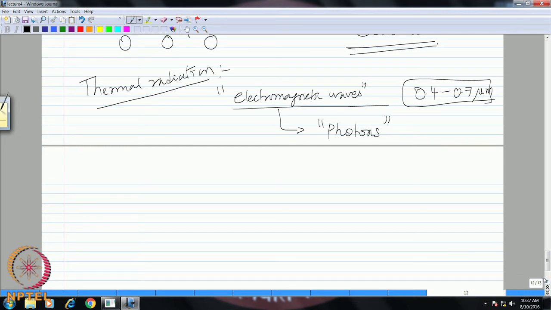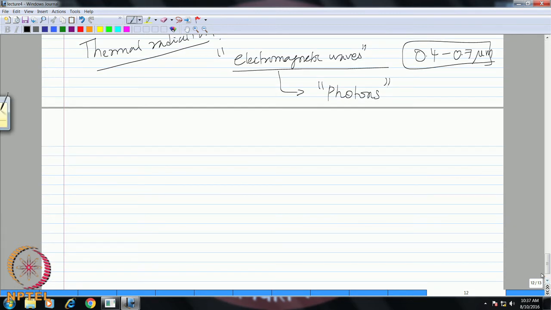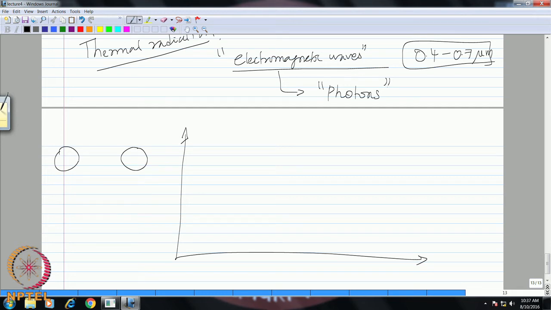Now, when you are looking at this lattice structure and the force potential between the different atoms, you can actually plot the interaction potential between two atoms. You can imagine these two atoms to be separated by means of a spring. This is a very simple picture that people usually represent.